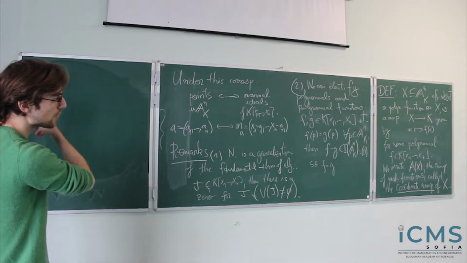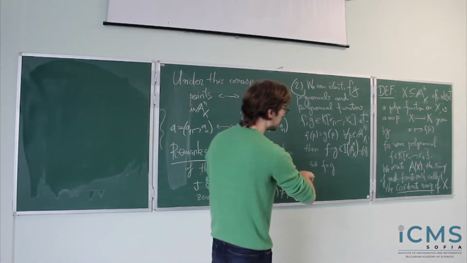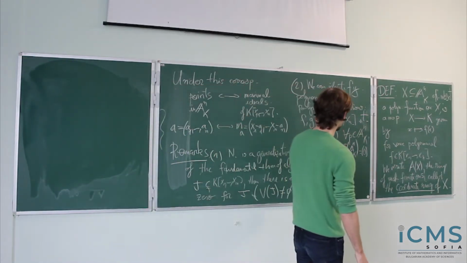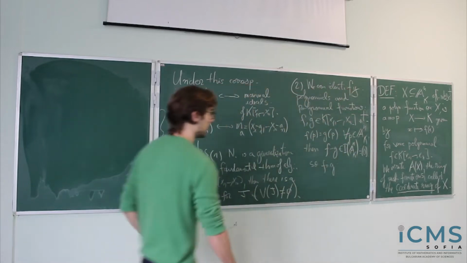In some sense, we obtain the coordinate ring starting from the polynomial ring itself.